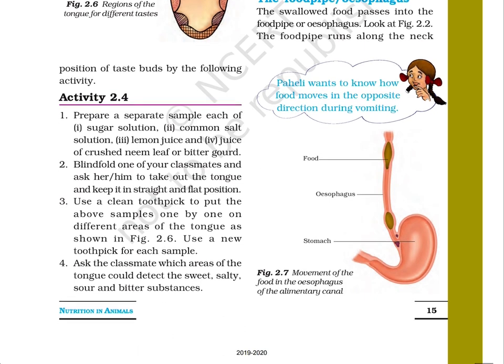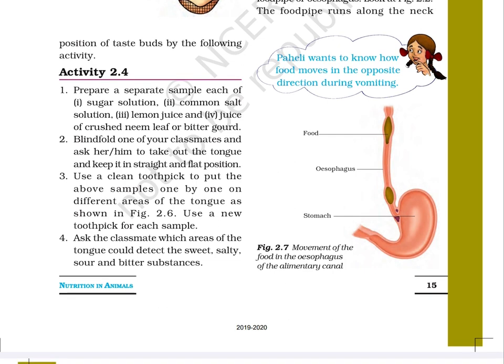Page 15. Activity 2.4. 1. Prepare a separate sample each of 1. Sugar solution, 2. Common salt solution, 3. Lemon juice, and 4. Juice of crushed neem leaf or bitter gourd. 2.